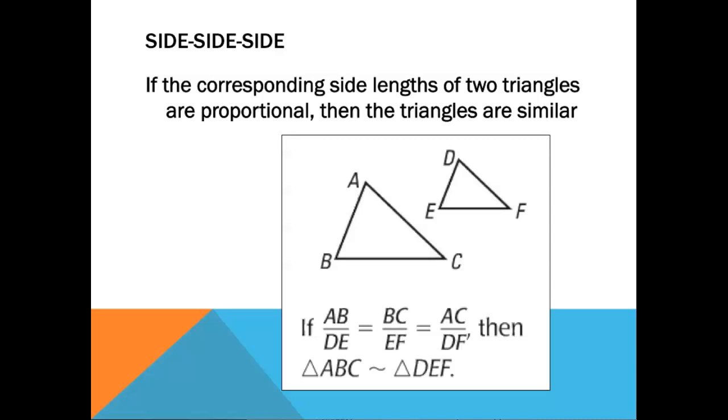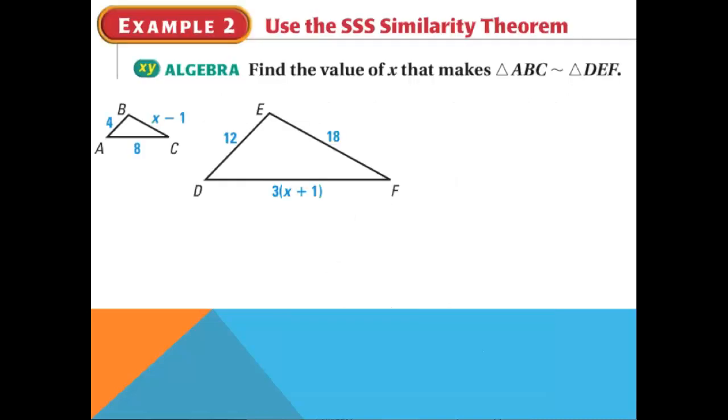Now you're not given any information about the sides, but you don't need them. Once you know that all 3 of the sides are in the same proportion to all 3 of the sides in the other triangle, you can state that those 2 triangles are similar to each other. That's the shortcut. Go ahead and look at example 2.